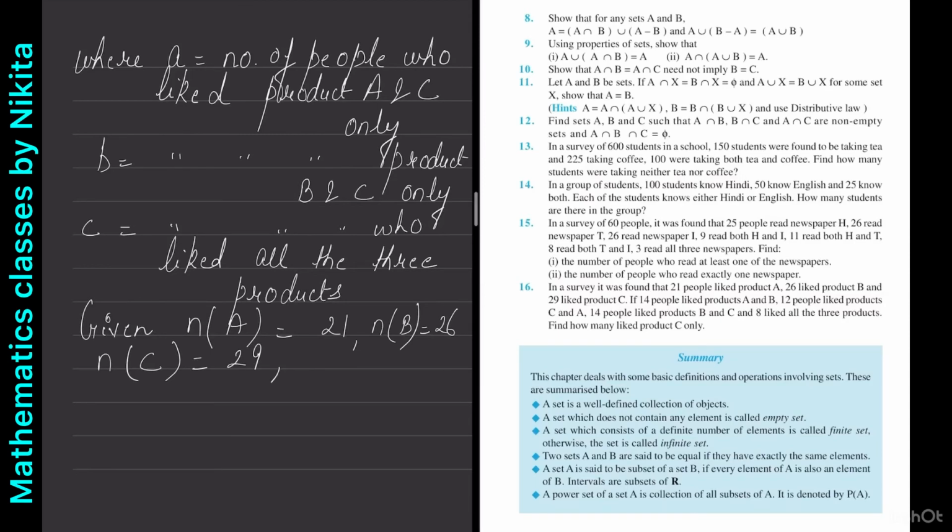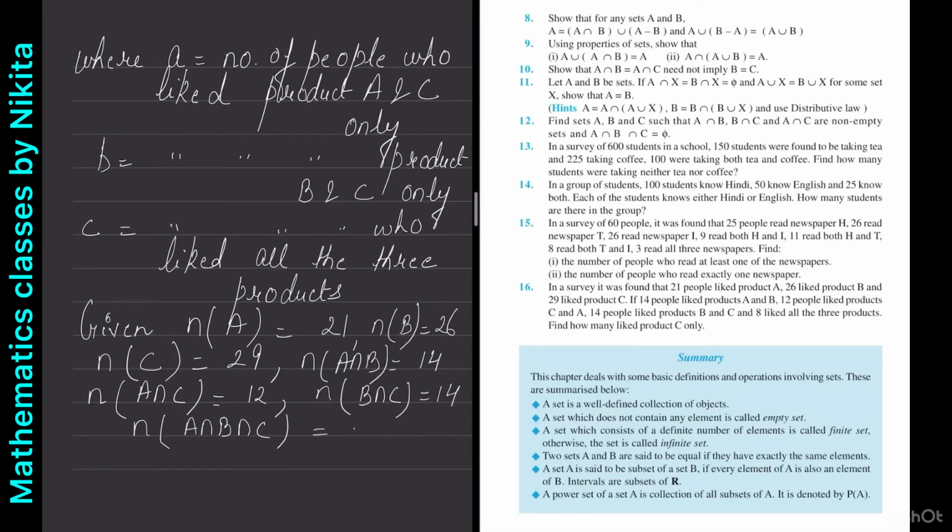And 14 liked A and B, so n of A intersection B is equal to 14. n of A intersection C is equal to 12. 14 liked product B and C, so n of B intersection C is equal to 14. And 8 liked all the three products, so n of A intersection B intersection C is equal to 8.